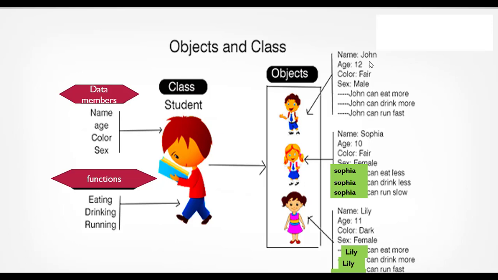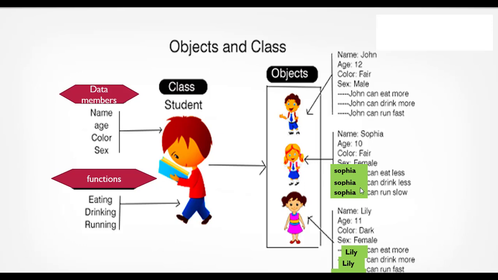If we take the example of John, age is 12, color is fair and sex is male. These are the data members of this object, John. And the functions of John: John can eat more, John can drink more, John can run fast. These functions are also called methods, or are also known as the interface. Sophia is the second object; age is 10, color is fair and sex is female.